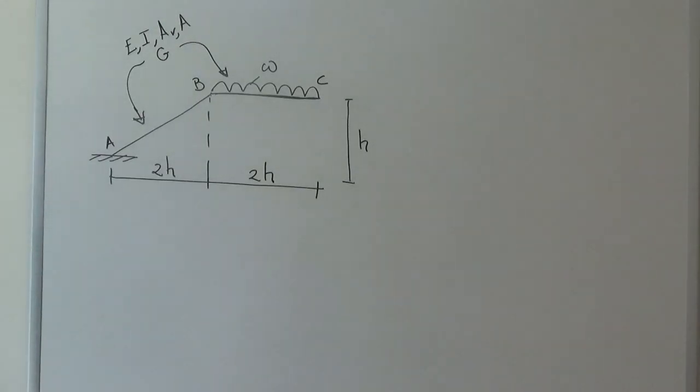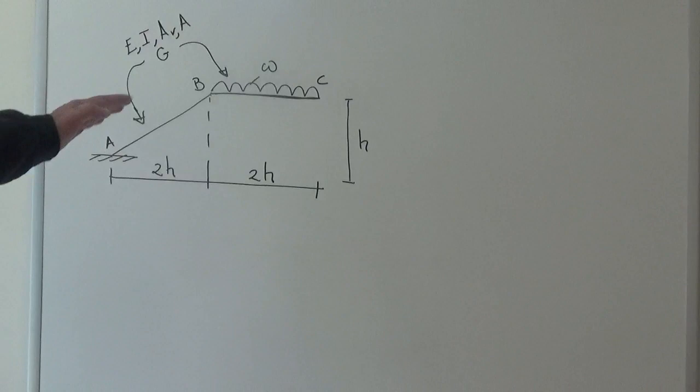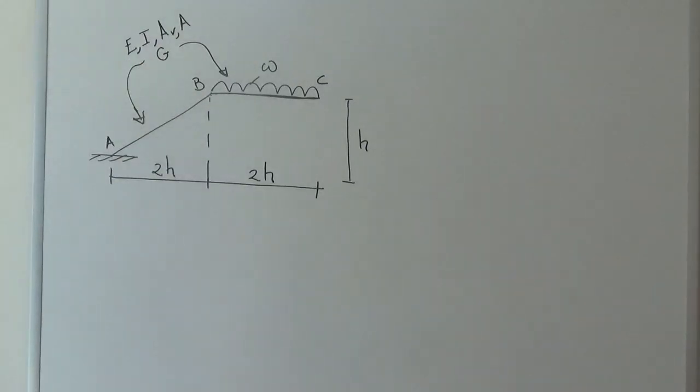That's not to say that we don't need to know how to do it. In frames, bending is still overwhelmingly the largest contributor. But axial force sometimes starts to play a sufficiently significant role to be considered. And in this example, I'm going to include all of them.